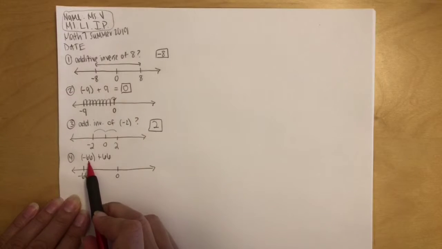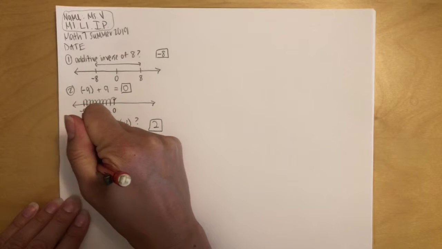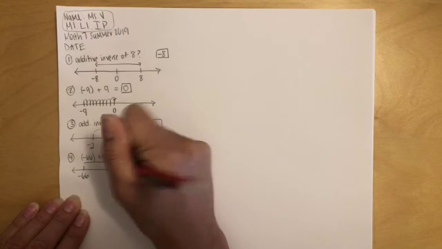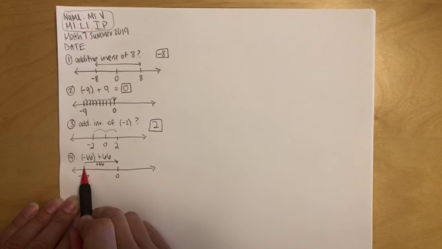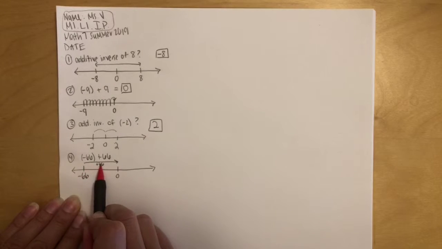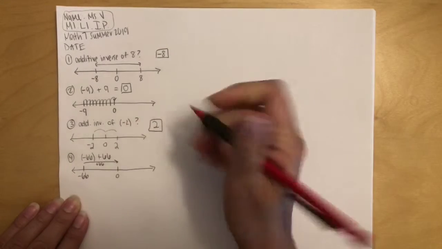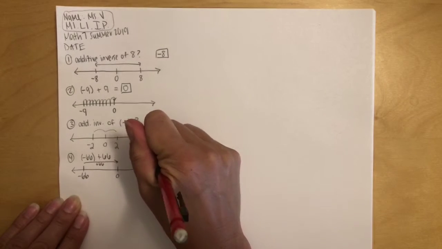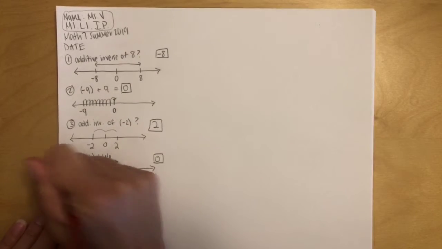This is where we're starting. We start at -66. We're going to add 66 to it. So plus 66. This shows that I'm starting at -66 and I'm moving this direction 66 spaces. I wind up at 0. That's my answer.